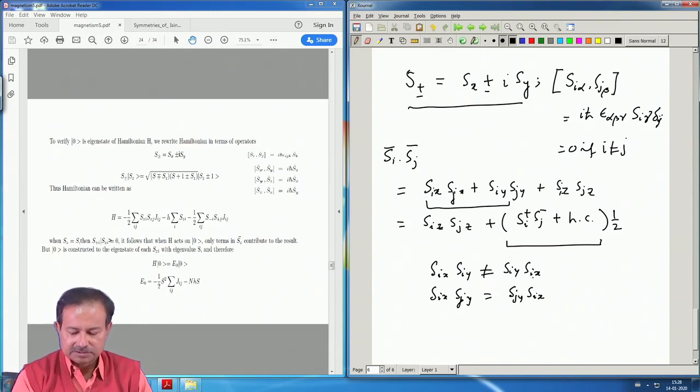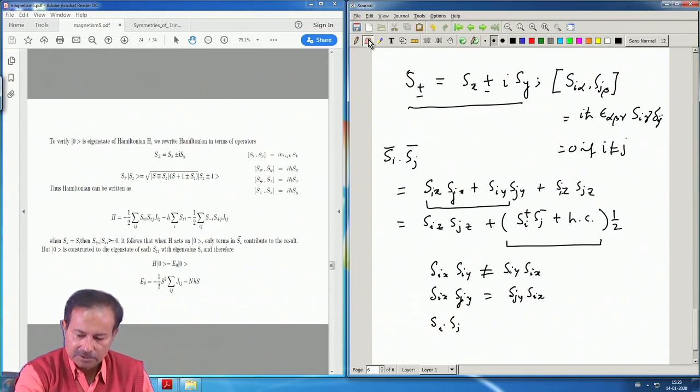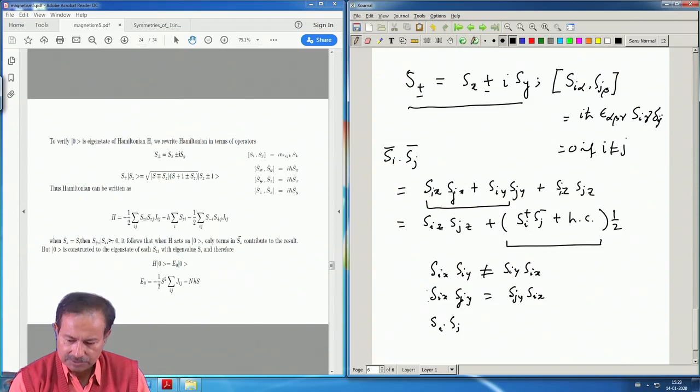So, that is something you can use, and that means S plus at site i, S minus at site j, these will... sorry, I am using up and down at the top. The notation I am using is plus here, minus here. Similarly, here also I will do the same thing.